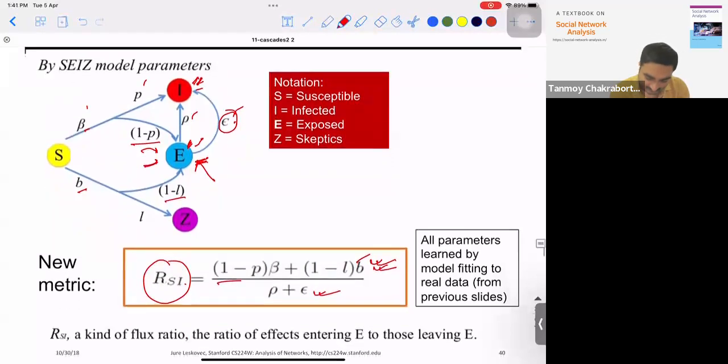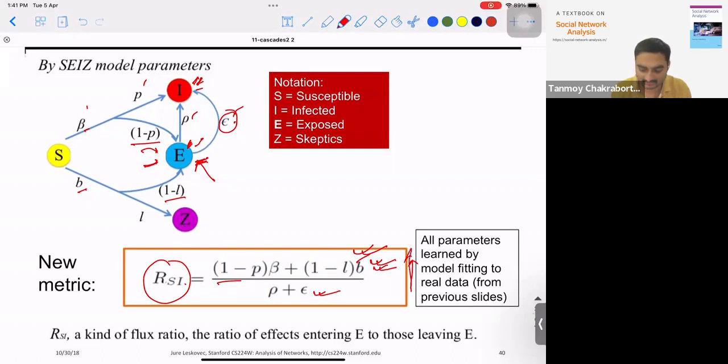Okay, so now let's try to understand the meaning of this flux ratio. The higher the flux ratio, meaning higher the numerator, say if the flux ratio is much higher than 1, that would indicate that a lot of people have been exposed, but there is a small number of people who have actually got infected, right?